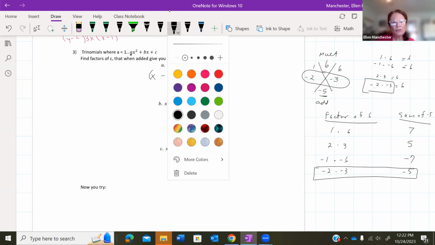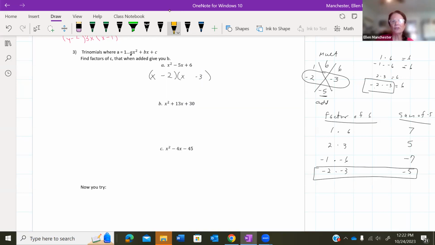Now, you can also, again, double check it. Use FOIL. x times x is x squared. x times -3 is -3x. -2 times x is -2x. And -2 times -3 is a positive 6. When I put this together, you're adding like terms.